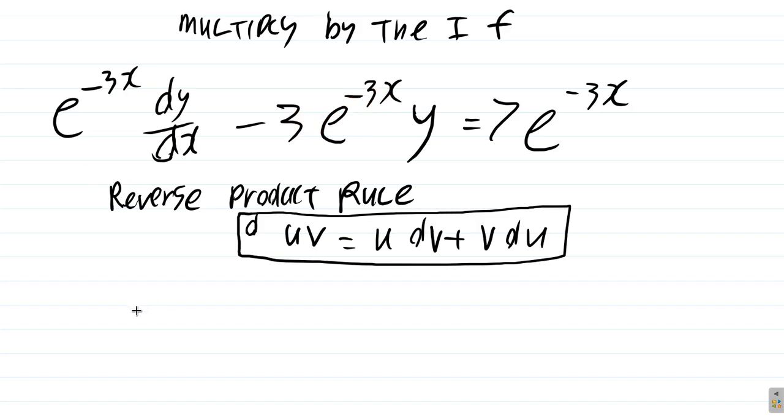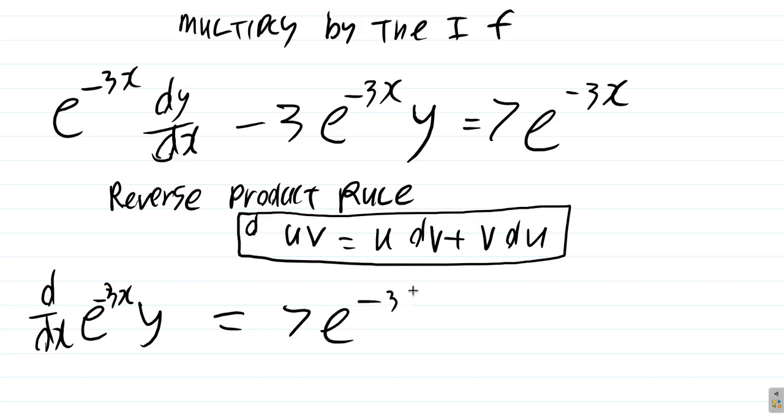So clearly, one of them is y and the other one is e to the negative 3x. So it is the derivative with respect to x of e to the negative 3x times y. That is equal to 7e to the negative 3x. Alright?